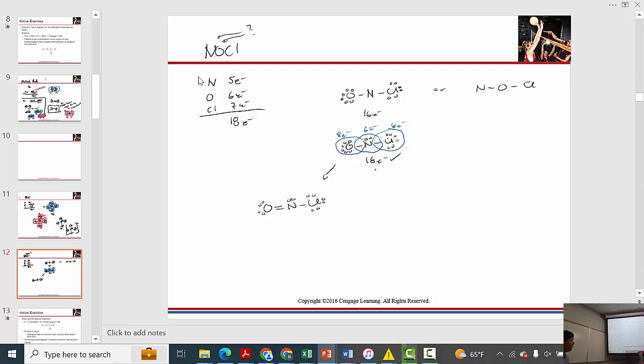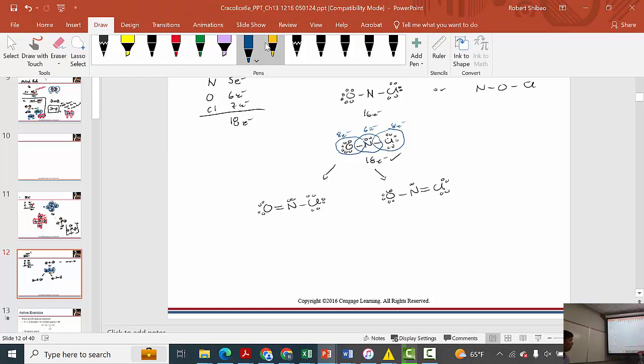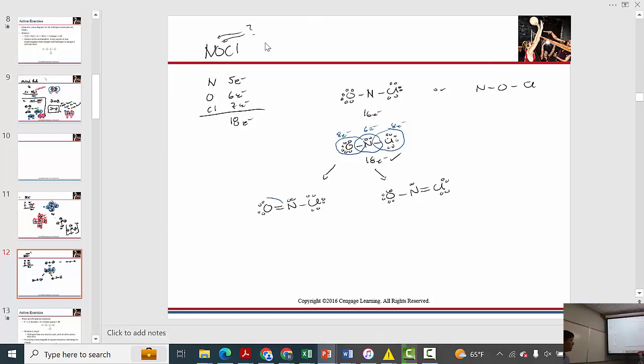If, on the other hand, we decide to take them from chlorine, then oxygen looks like this, and then nitrogen like this, and chlorine like this. Now, chlorine's only going to have 2 lone pairs. And we look at the octet rule, and this is good because oxygen has an octet, nitrogen has an octet, and chlorine has an octet.